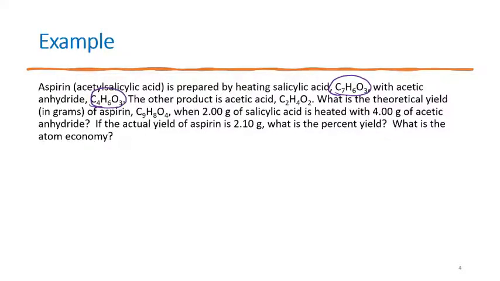So we're going to react C7H6O3 with C4H6O3, and we're going to produce aspirin and acetic acid, C2H4O2. It tells me that the formula of aspirin is C9H8O4.